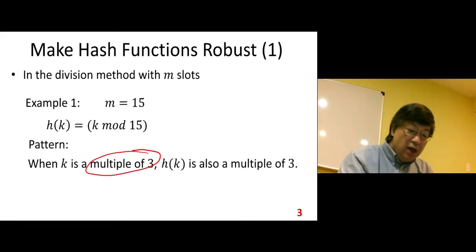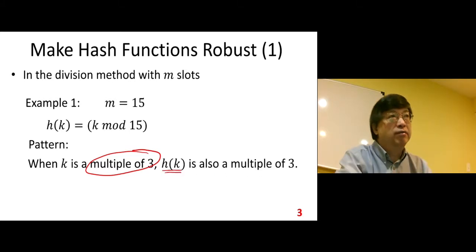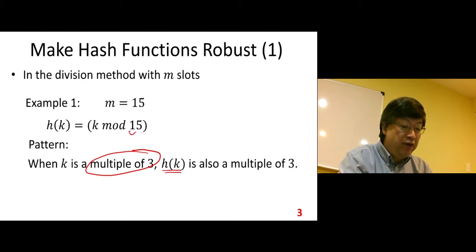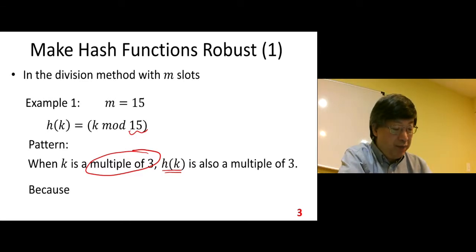Then you can see the hash function value h of k is also a multiple of 3, because after mod 15, it is also a multiple of 3. Why is that?